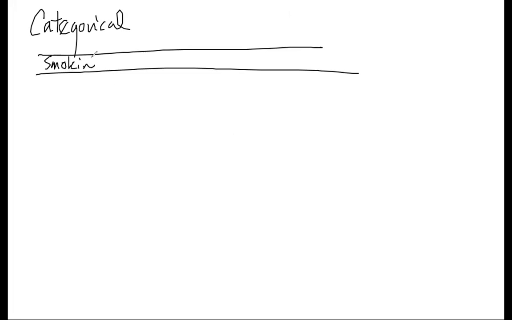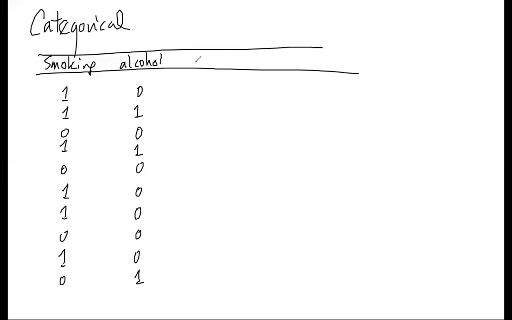So you may smoke, you may also not smoke. What else? Maybe drinking. Some people may not drink, some people may drink. Maybe have a condition, maybe have diabetes, and so on.